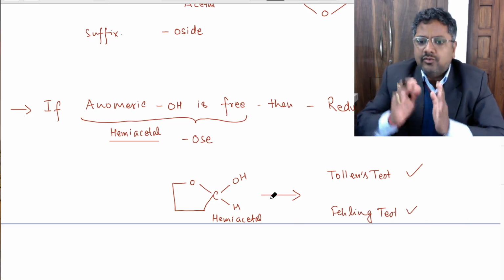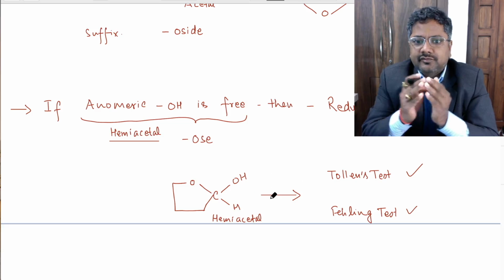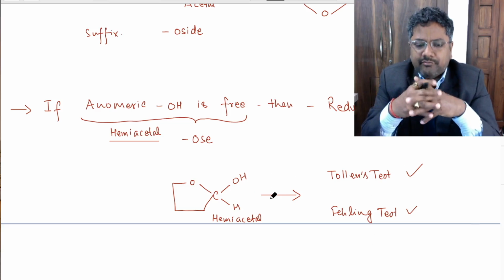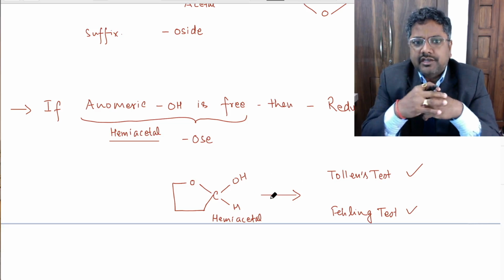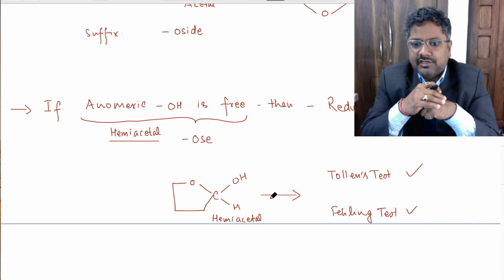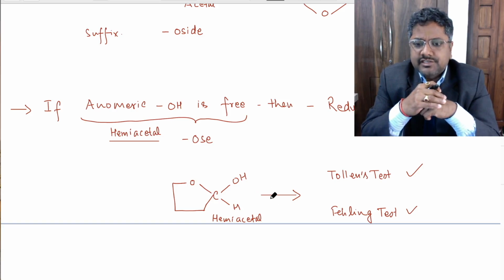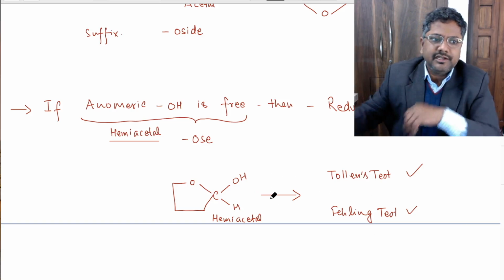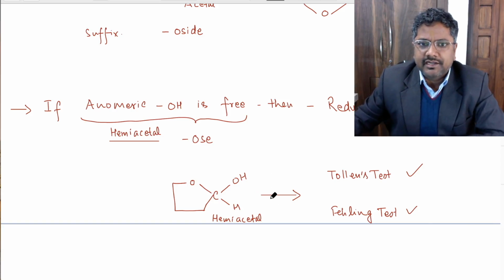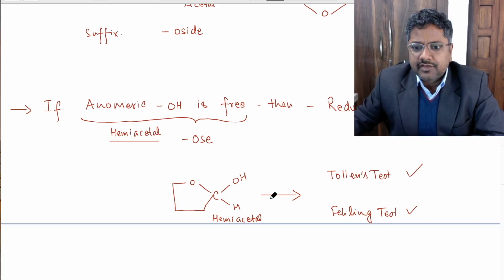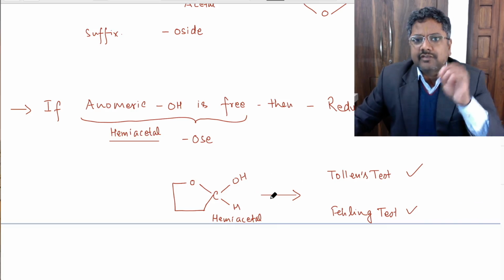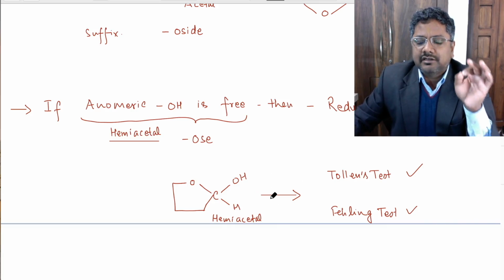So not only carbohydrates, if any organic compound with a similar structure is in the form of a hemiacetal, then definitely it will reduce Tollens and Fehling reagent. So in this way you can identify reducing and non-reducing sugar by just observing the structure.